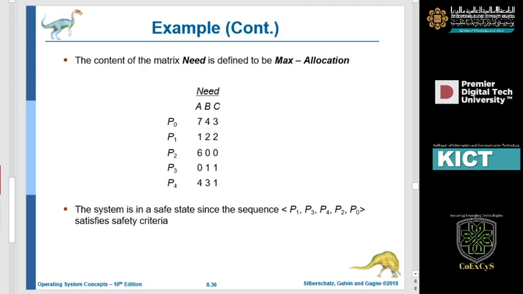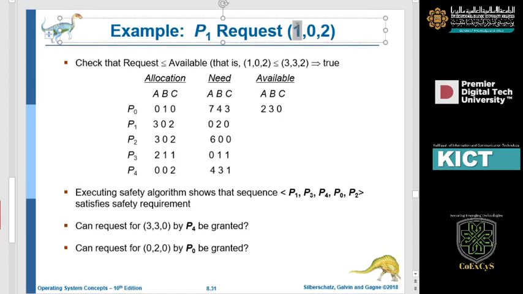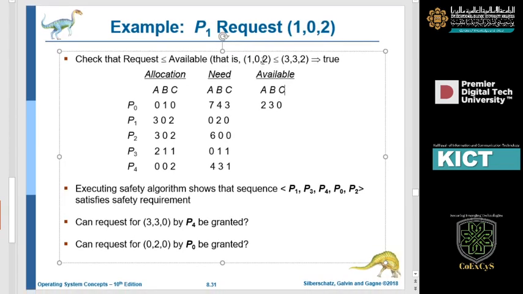Okay, so in this case, let's consider we allow P1 to run, and P1 requests more resources. The resources it requests are 1 of A, 0 of B, and 2 of C. If we consider this, we can see that the available resources reduce. Previously we had 332.